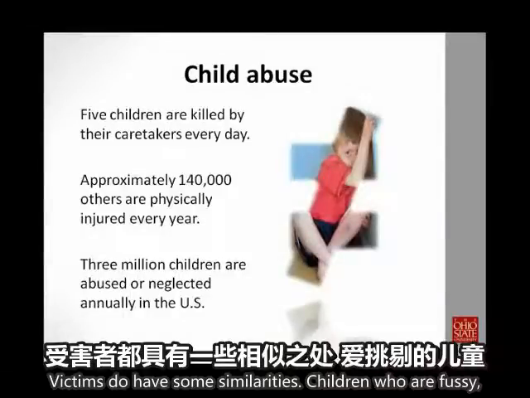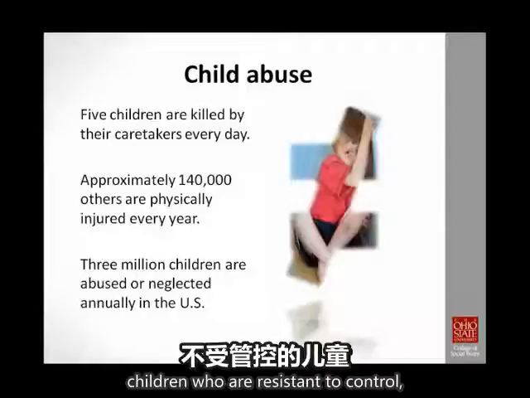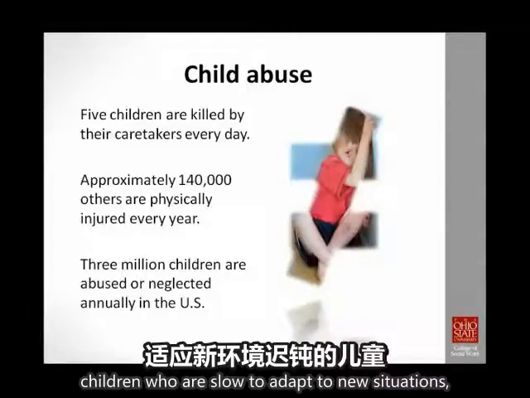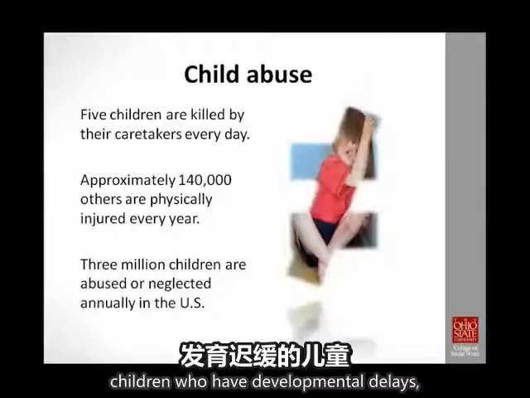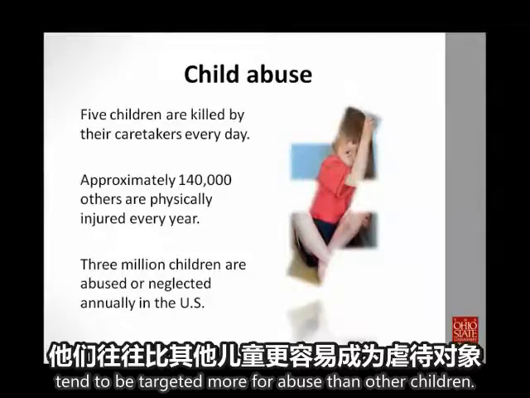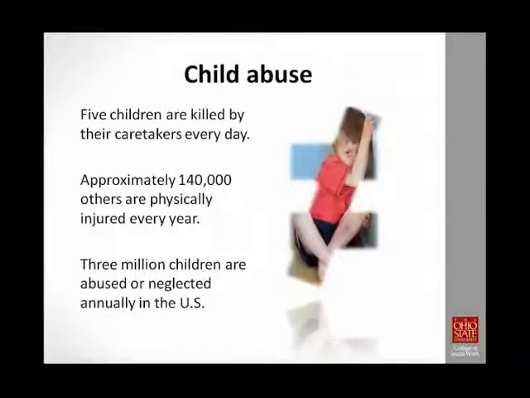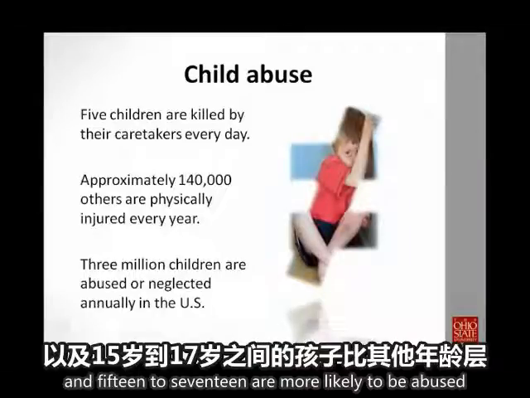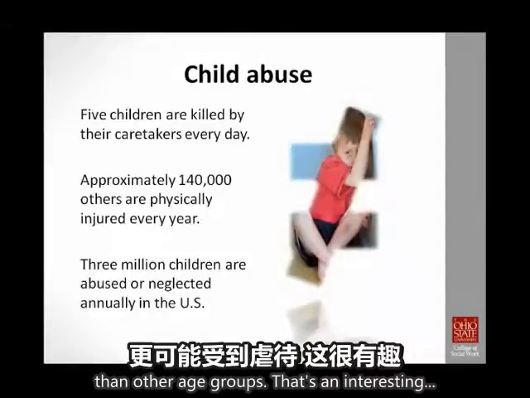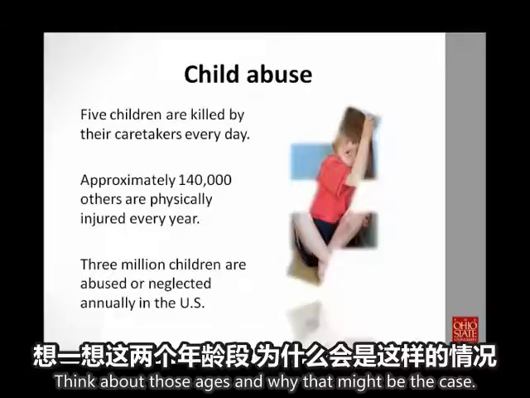Children who are fussy, children who are resistant to control, children who are slow to adapt to new situations, children who are overly anxious, frequent bedwetters, children who have developmental delays, tend to be targeted more for abuse than other children. Also, children between the ages of 3 to 4 and 15 to 17 are more likely to be abused than other age groups. That's an interesting thing. Think about those ages and why that might be the case.